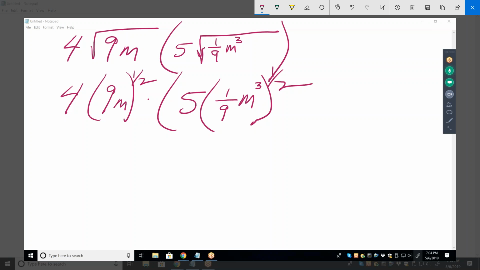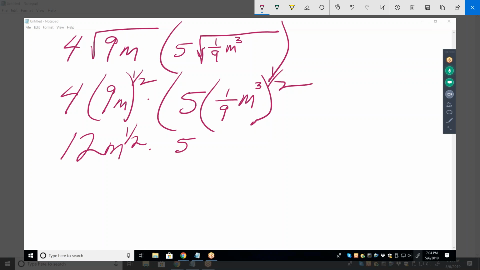Now, let's go over to this left part here. I can take the square root of 9 and take it out, right? So that becomes 3 times 4. In other words, the 4 is not being taken to the 1/2 power, just the 9 and the m. So that part becomes that. This part becomes 5.